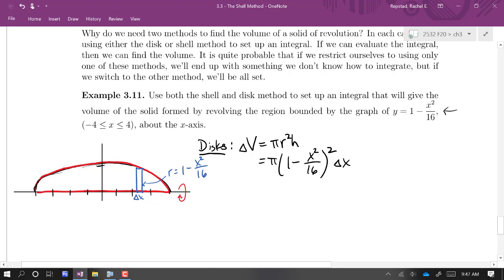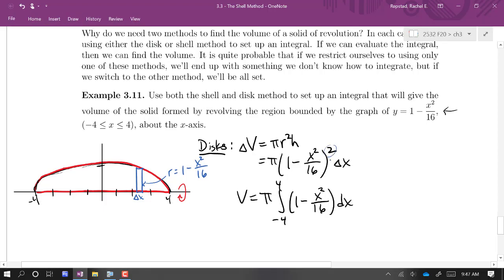And the limits of this, well, I imagine sliding this rectangle through the region to the left and to the right, and so we would integrate from minus 4 to 4. So the volume will be given by pi times the integral from minus 4 to 4, 1 minus x squared over 16 dx. Now, the example just asks us to set up an integral, so we're not going to evaluate this. Hold on a second.